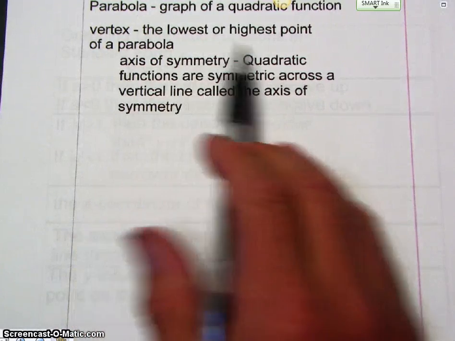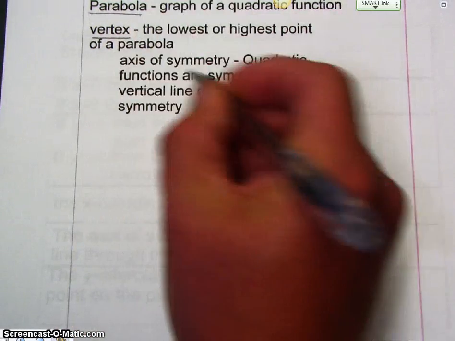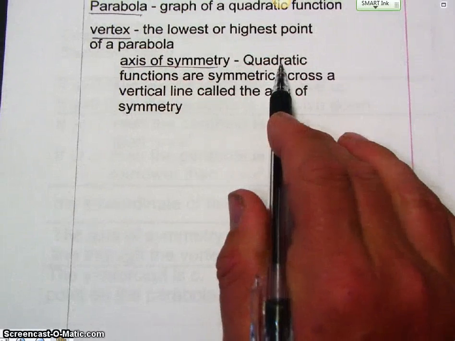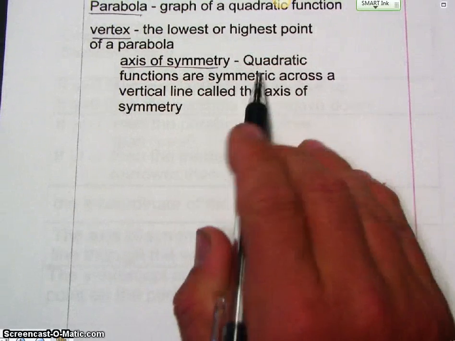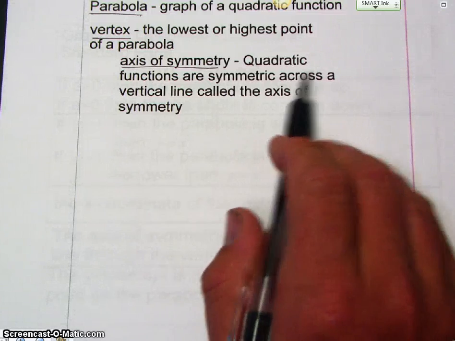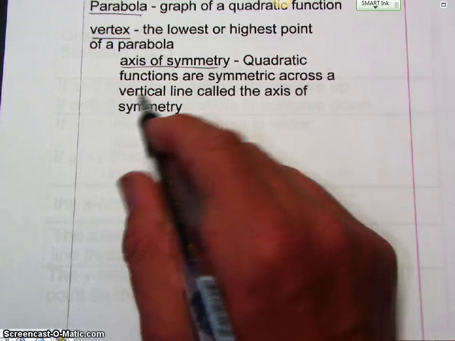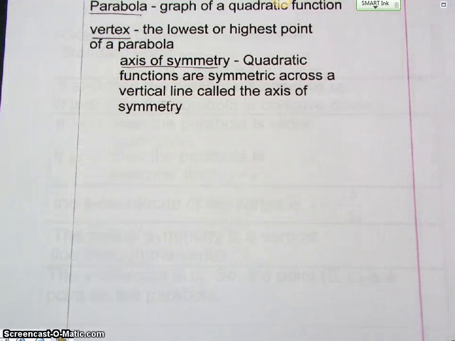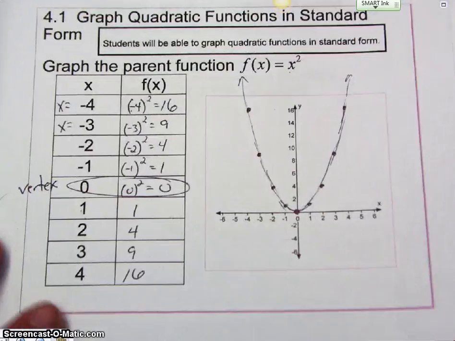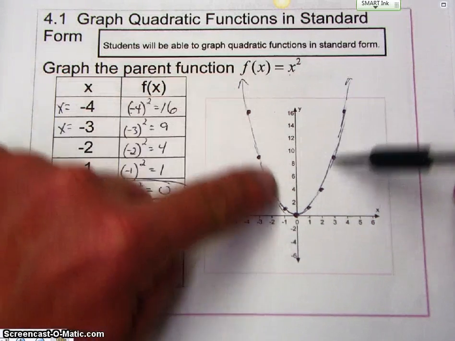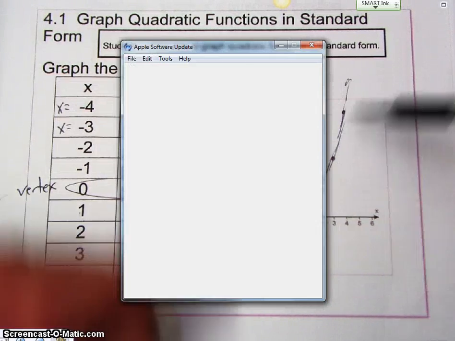Axis of symmetry. Quadratic functions are symmetric across a vertical line called the axis of symmetry. This is the imaginary vertical line. If you notice, this right here is exactly in the middle.